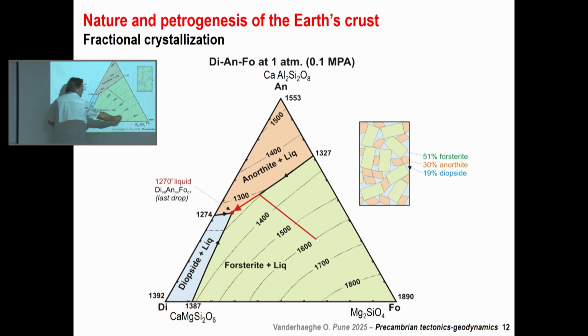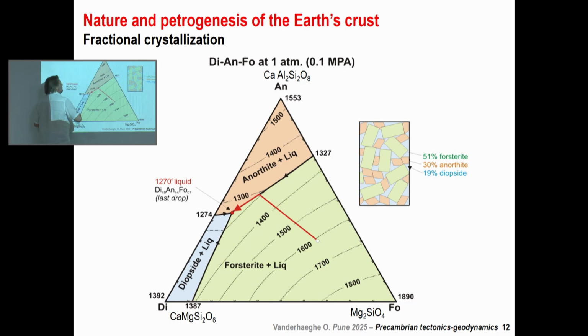Here we have clinopyroxene, olivine, and plagioclase. If we start from here and reach that diagram at 1600 degrees, the first crystals that crystallize are forsterite, and it coexists with liquid. So we are in the field of olivine.